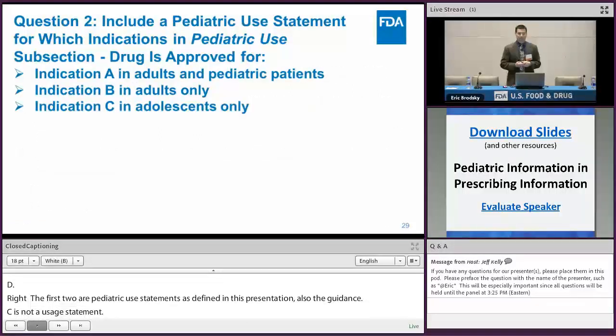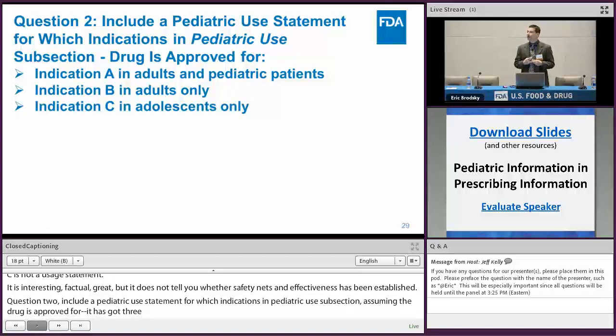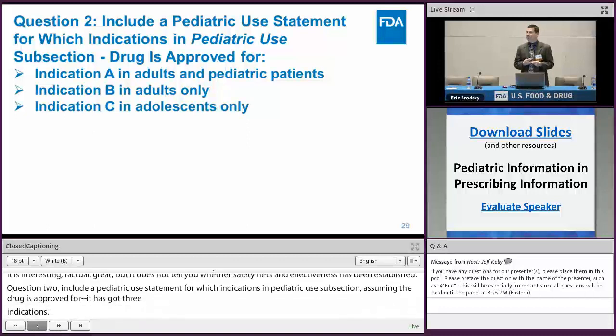Question 2. Include a pediatric use statement for which indications in the pediatric use subsection? Assuming the drug is approved for 3 indications. Indication A, adults and pediatric patients. Indication B, adults only. Indication C, it's only approved in adolescents.